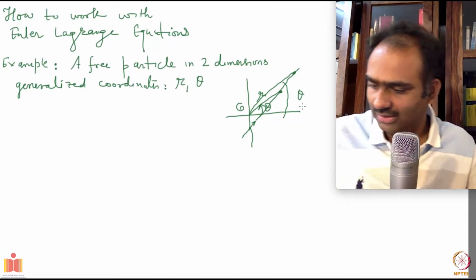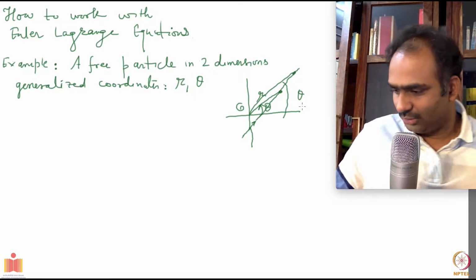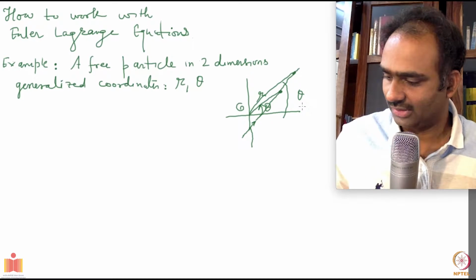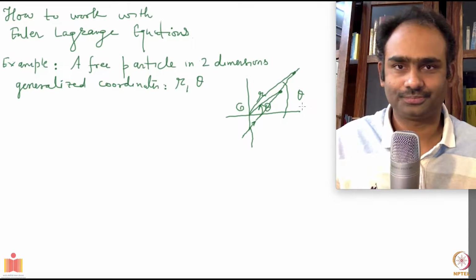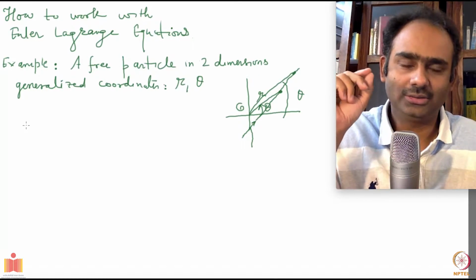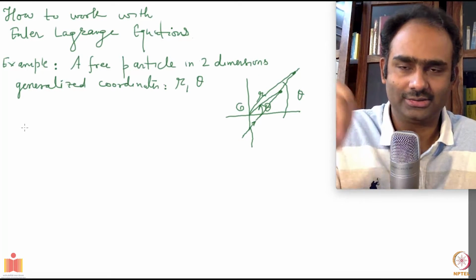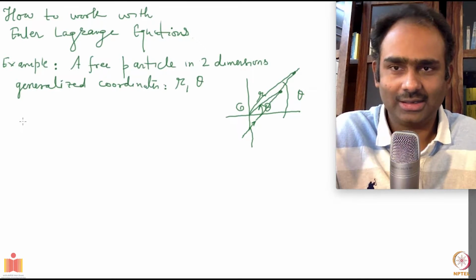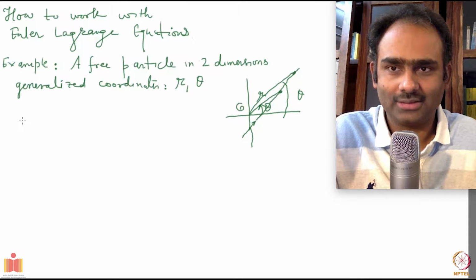So how do we go about writing down the equations of motion? First I write down the relation between vector r, by which I mean x and y, and the generalized coordinates.